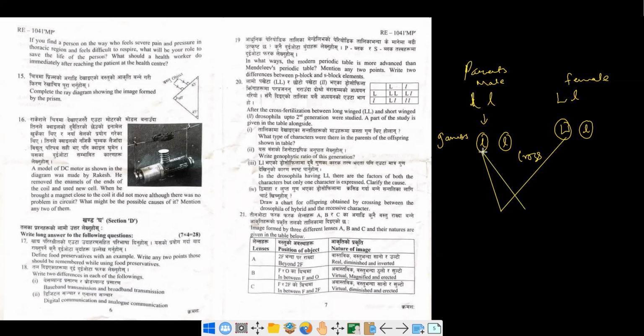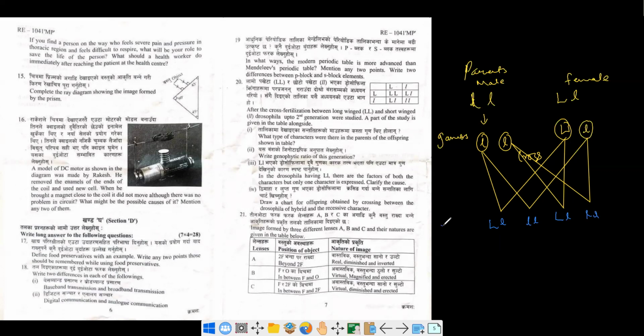If these meet, this is going to give the second result. This one is third. Let me just draw first and write the information along the way. So the offspring will be capital L and small l, small and again small, here small and capital, and this is small and small.